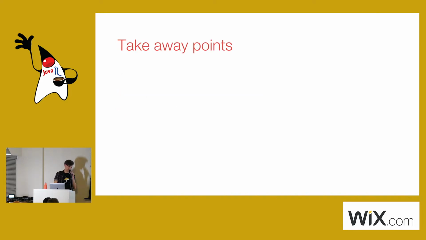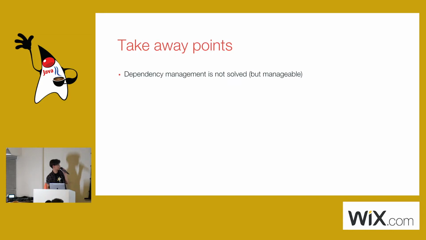So yeah, now we get to the hacks part, and before we get to that, I just want to mention again the things we discussed, just in case you fall asleep or just can't take it anymore after the next section. Dependency management is not solved, but I mean, it's hard, you just have to figure something out. It's kind of straightforward.